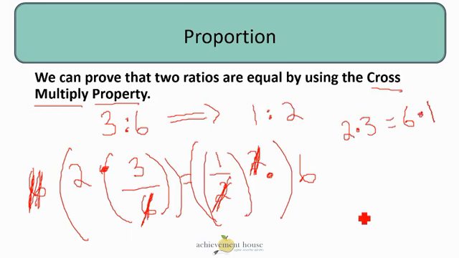If I multiply out the left side, I get 6. If I multiply out the right side, 6 times 1, I get 6. And that, we can see, is a true equation. Therefore, the ratio 3 to 6 is equal to the ratio 1 to 2, and therefore they are the same. They're in proportion to each other.